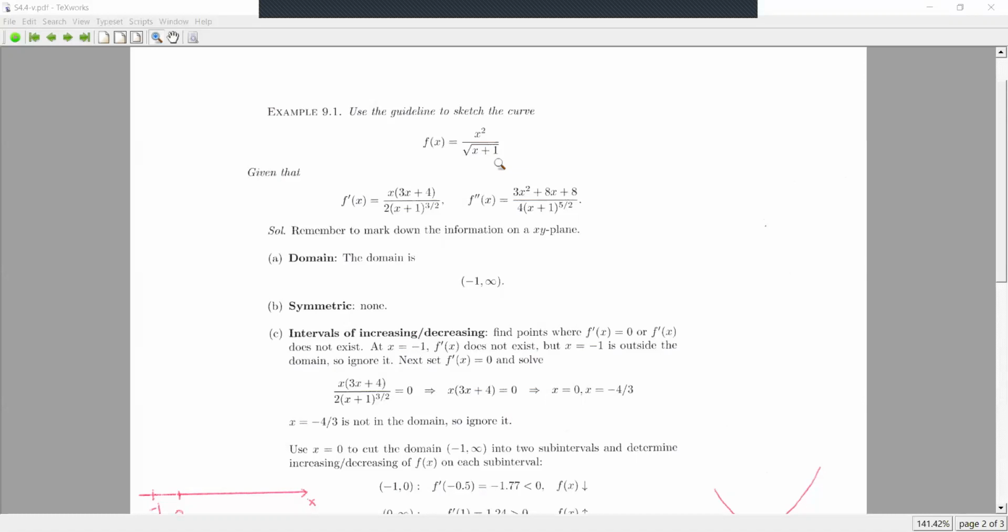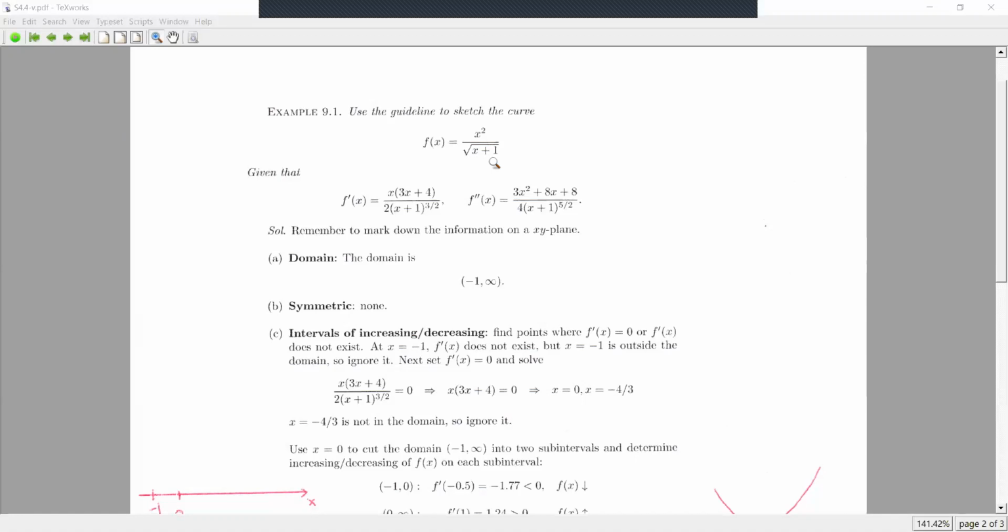How about -1? If you plug in -1 in x, then the denominator is the square root of -1 plus 1. It is 0. So the function is not computable at -1. Then how about -0.5?